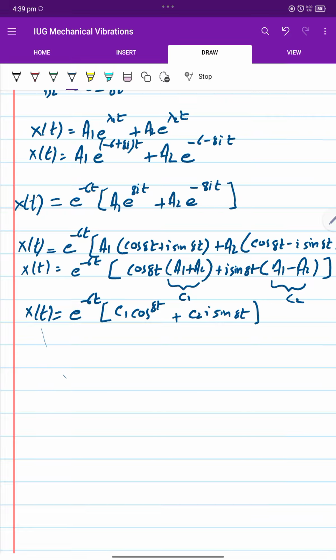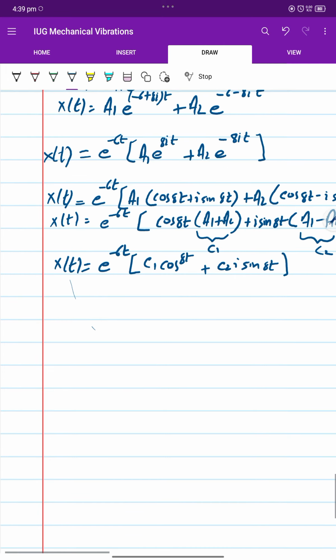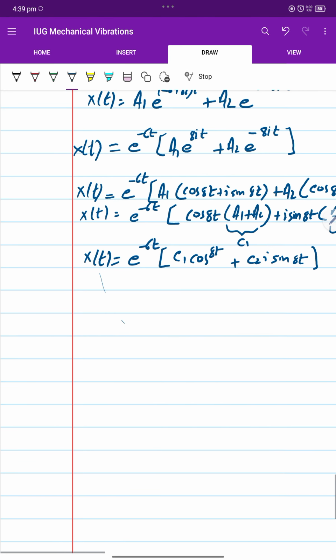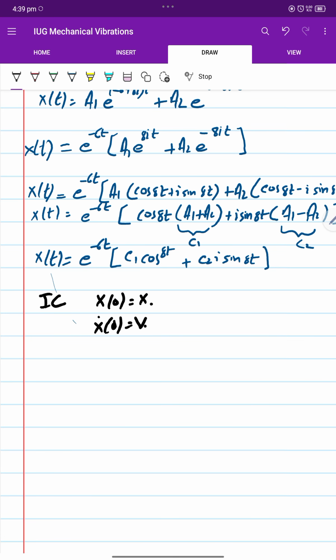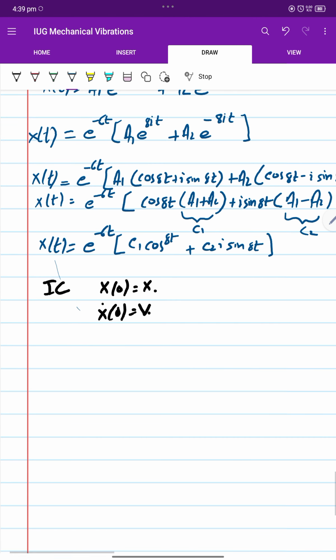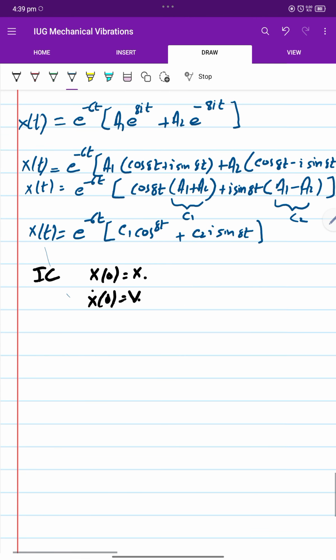Now we know we had initial conditions which say x at 0 equals x naught and x dot of 0 equals v naught. We can substitute the first condition in our solution, at t equals 0.